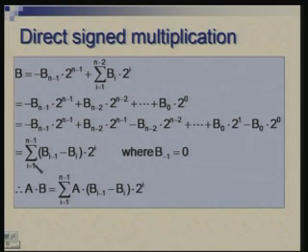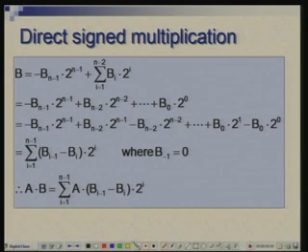I think this should have been 0. Yeah. So, this is 0. But to facilitate writing in this particular manner, I have introduced a dummy b minus 1. Okay.